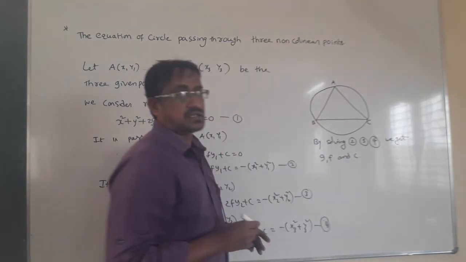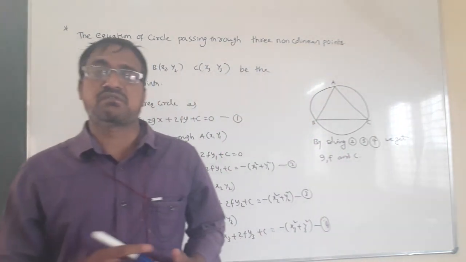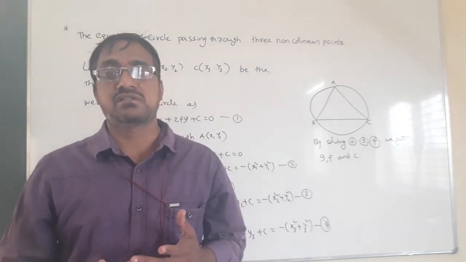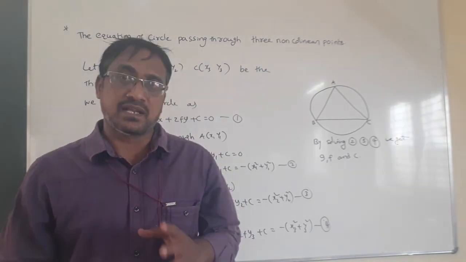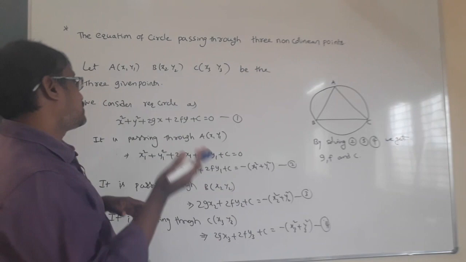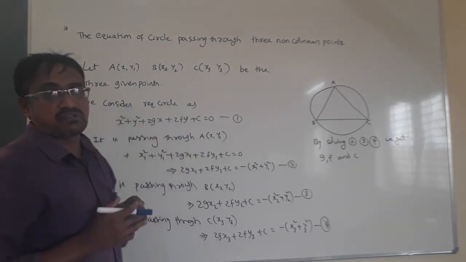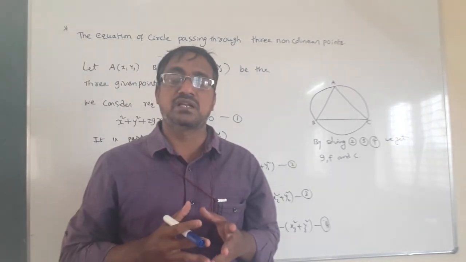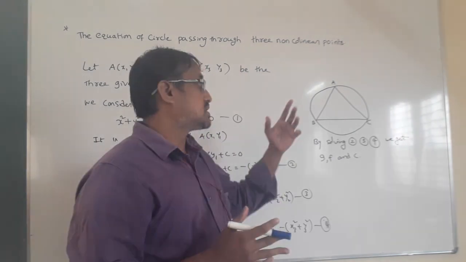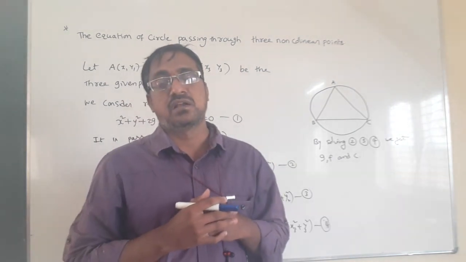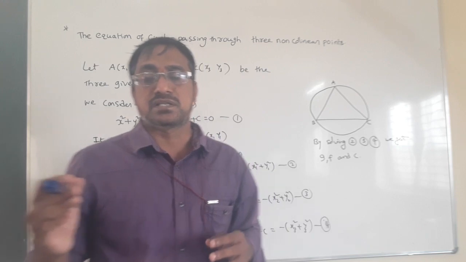That is the method. Then you substitute those g, f, c in equation 1, so that you will get the equation of the circle passing through those three non-collinear points.